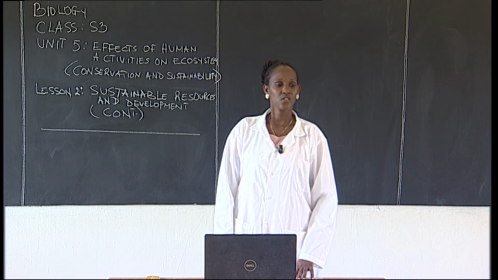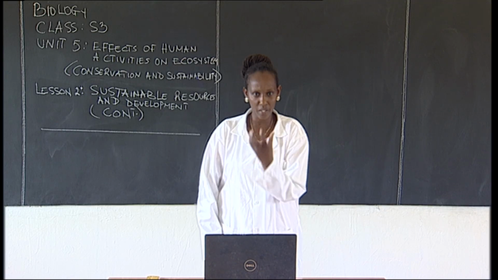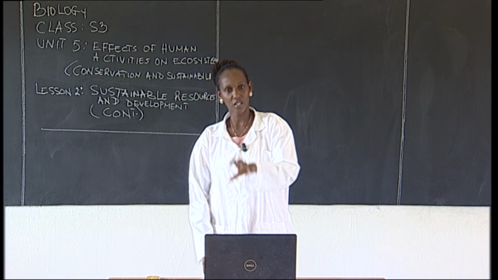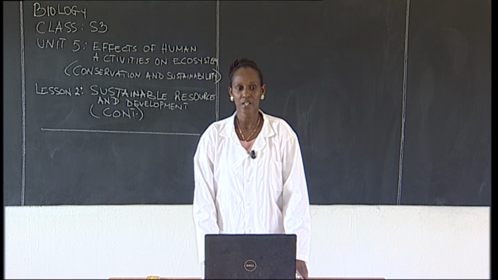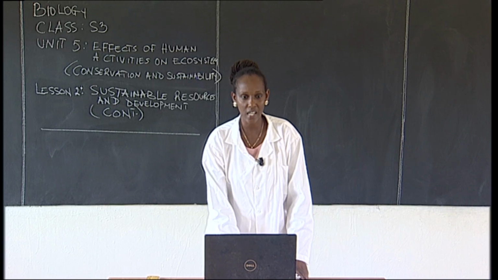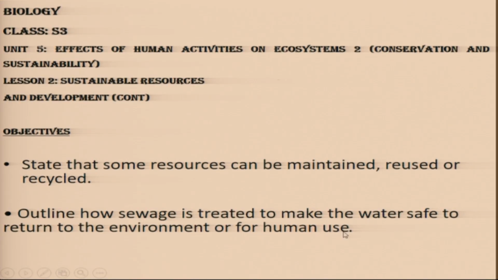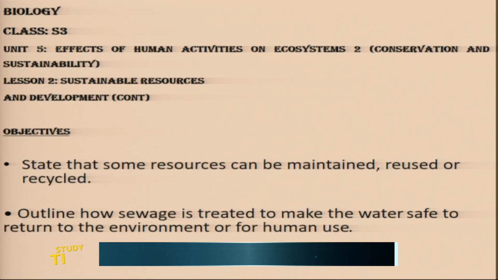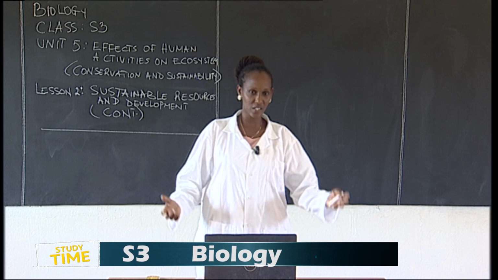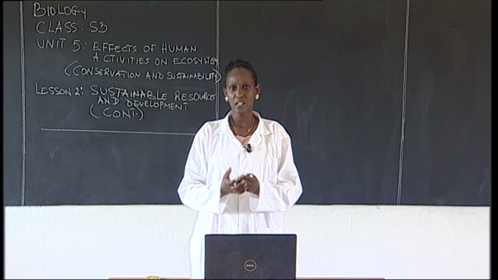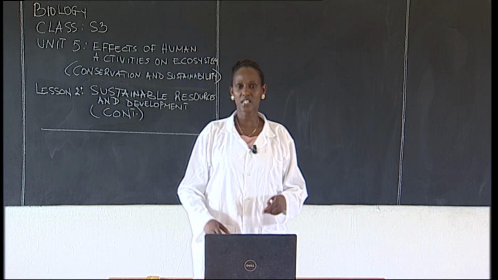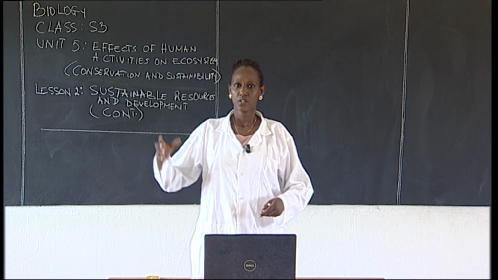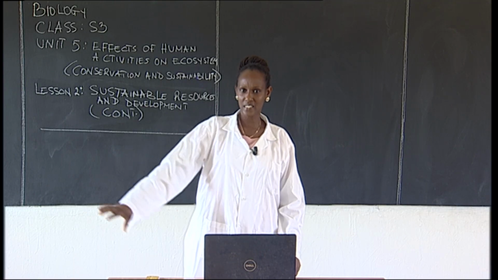Is it clear? Another thing we shall have known from today's lesson is to outline how sewage is treated to make the water safe to return to the environment or for human use. Normally at home, when you're washing the utensils, that dirty water that you pour into the pipe then goes away. In the toilet, you just flush the water, that is dirty water.